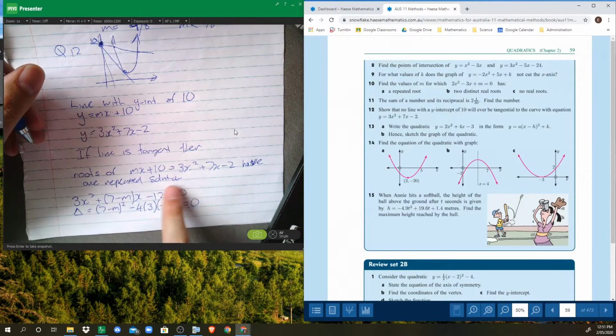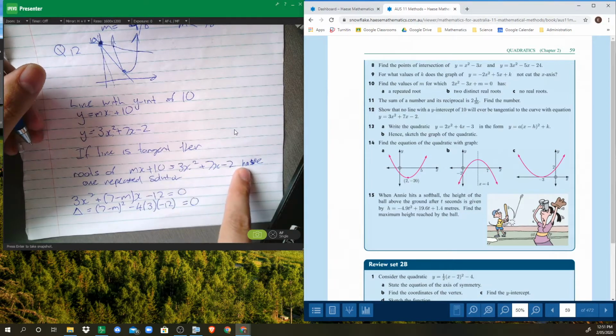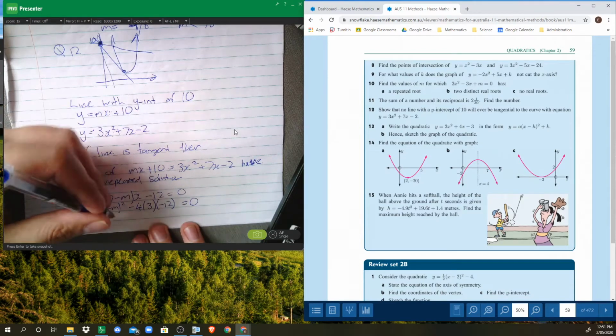Now I'm just going to double check I've done this right. Minus 4 times a times c, if I bring that across. Copy everything down correctly. There's no line with y-intercept of 10 will ever be tangential to the curve. Yes, that's great. All right so far.